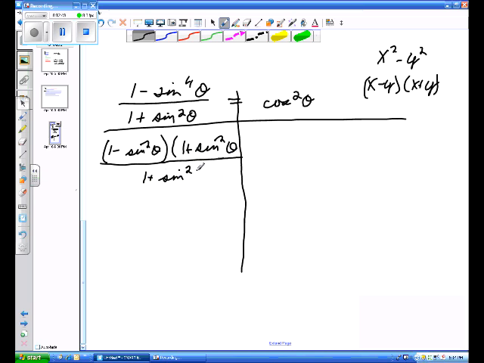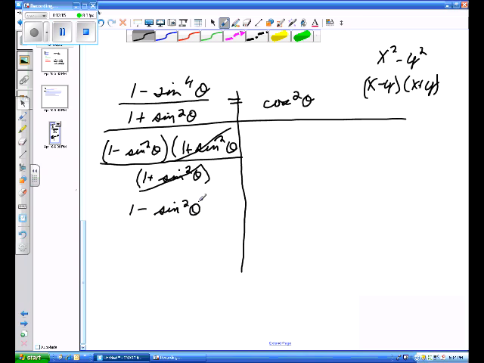We can't factor this denominator because it's not the difference of squares, and we didn't have a special factoring for the sums of squares. So we have to consider this being the whole factor. But that's nice because now we have factors of 1 plus sine squared, 1 plus sine squared, which cancel, and that leaves us with 1 minus sine squared.